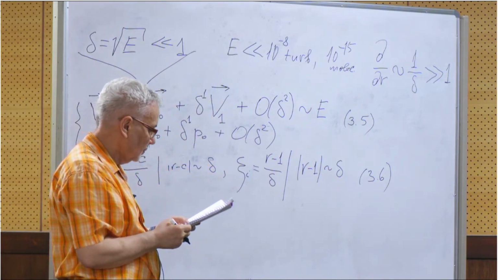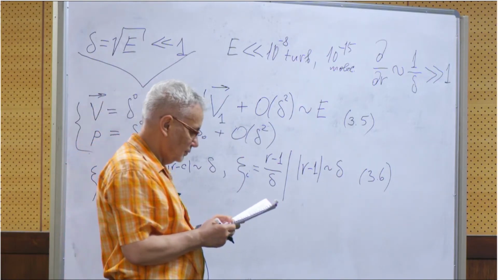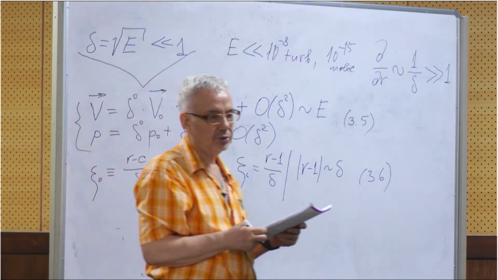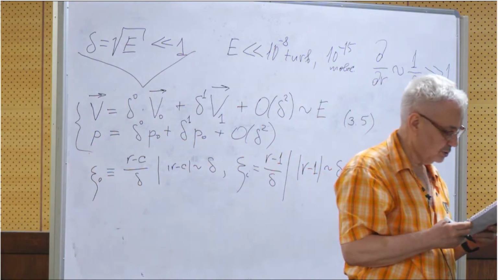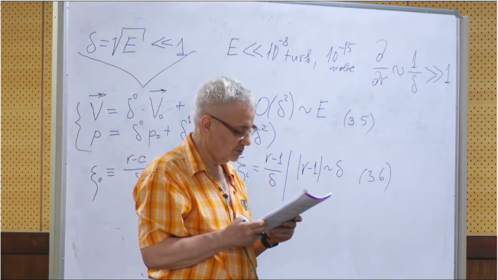Consequently, for the leading terms of the system of equations 1, 2, it's difficult to return to this equation, but hopefully you can see it in your notes. And so the final result looks like this.